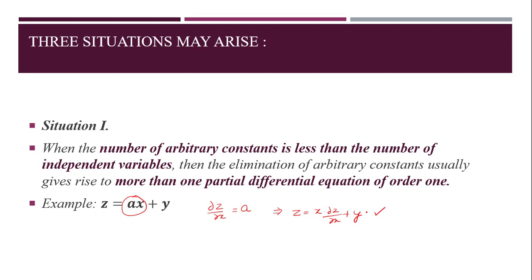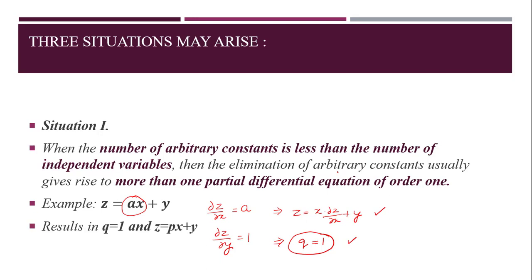But if I differentiate with respect to y, what I will get is 1. So I can write del z by del y, which we have learned can be written as q, is equal to 1. So is it a partial differential equation? Obviously yes. So we have obtained two partial differential equations from a relation that involves only one constant, which is less than the number of independent variables x and y.